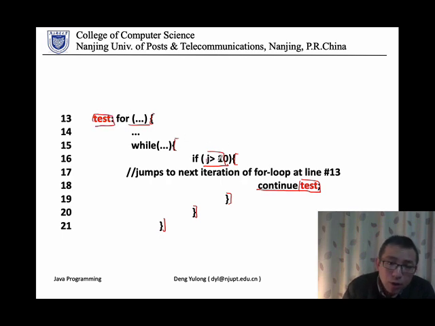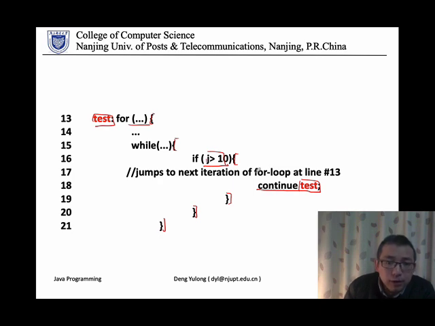That means once j is greater than 10, we continue test: control gets out of the current if statement, out of the while loop, and out of the for loop body. But that does not mean we end the whole for loop. We just end the current iteration and continue to the next one.